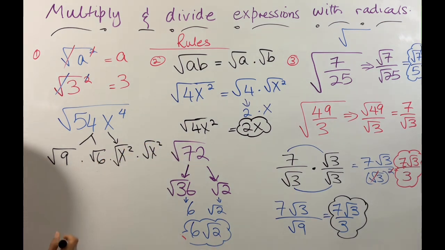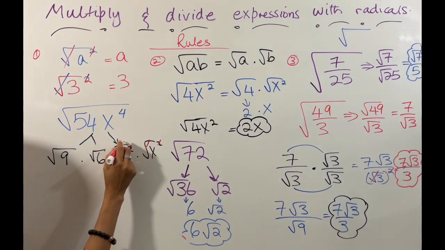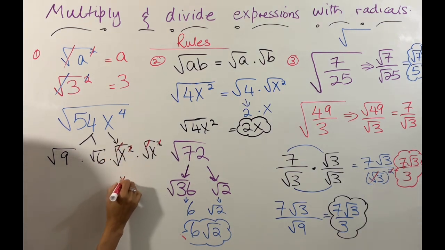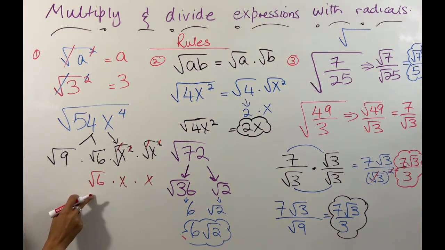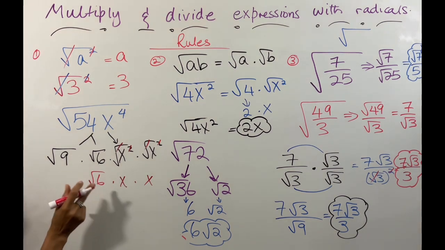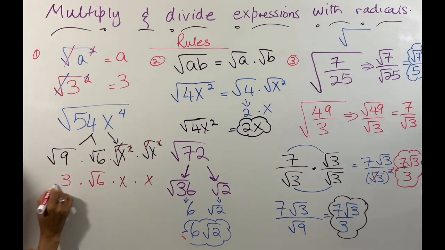Now you can apply rule number 1 and simplify this expression. You are going to cancel this exponent with the radical symbol. You will have x times x, and then the radical 6 is not able to be simplified, so you keep that, and then radical 9 will give you 3.